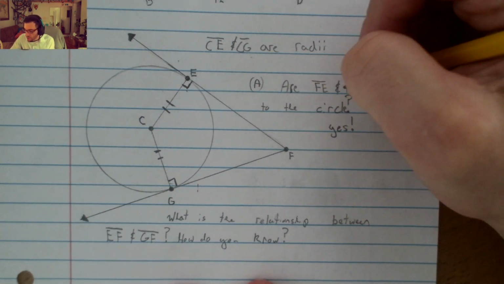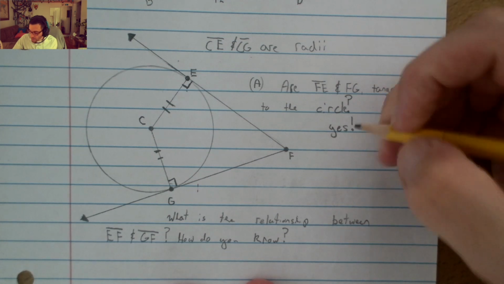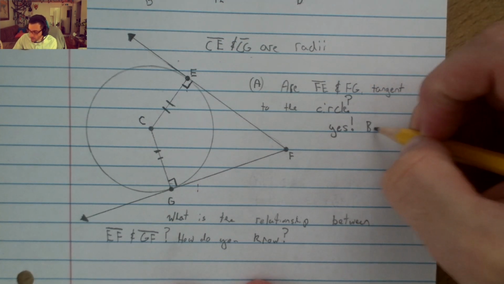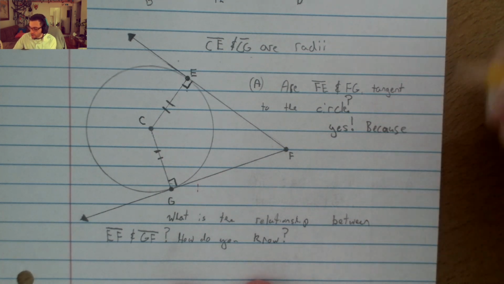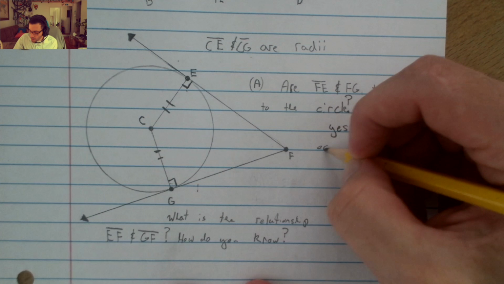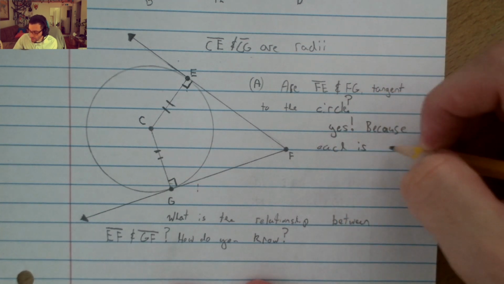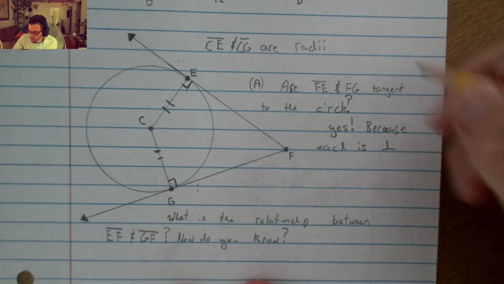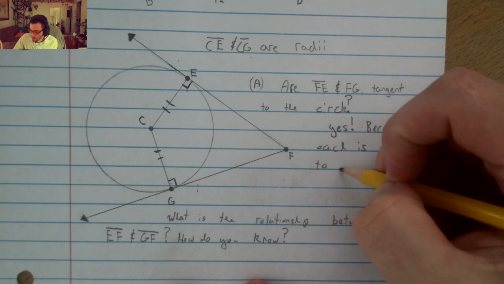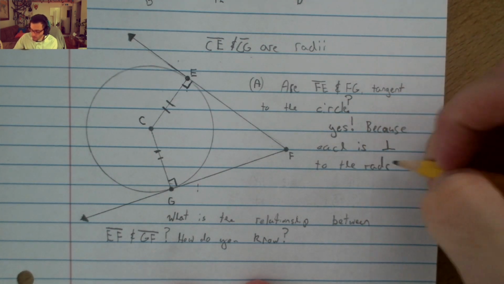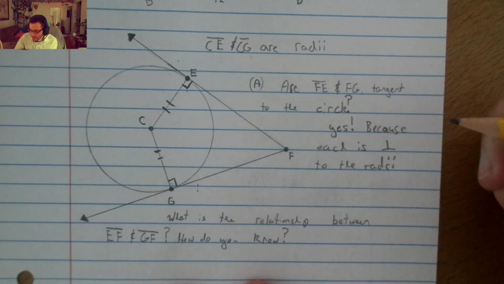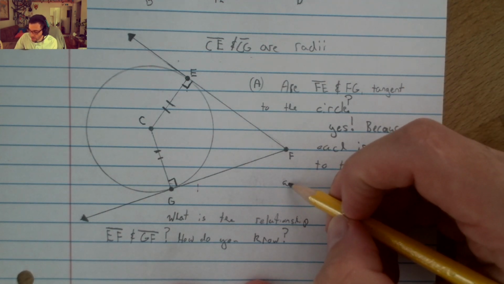So for this answer, we can say yes, and if we're using proper grammar, it would be yes, comma, lowercase, because each is perpendicular to the radii at the point of tangency.